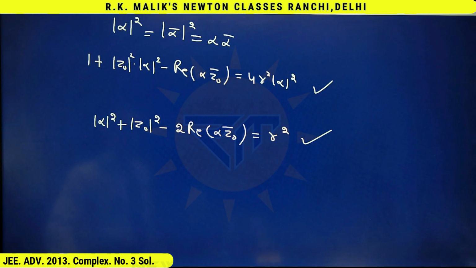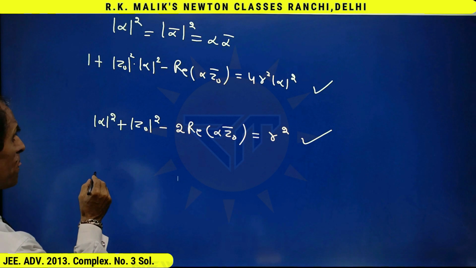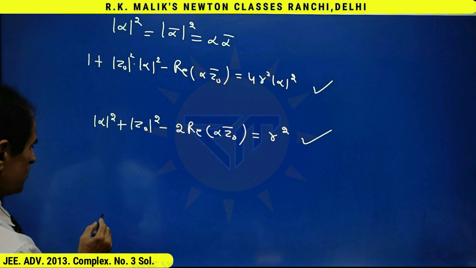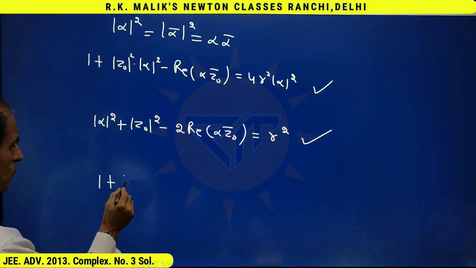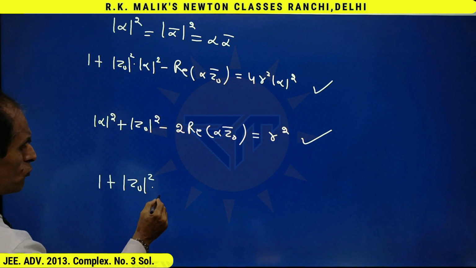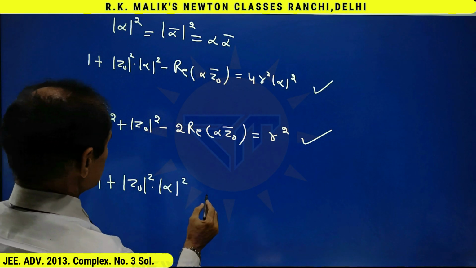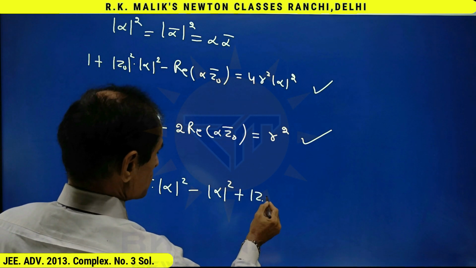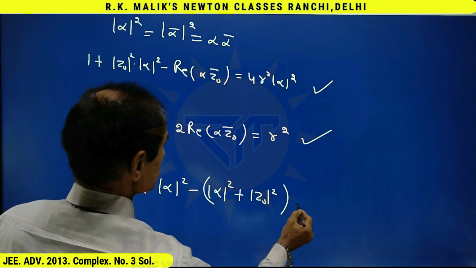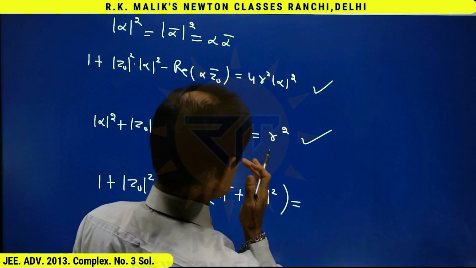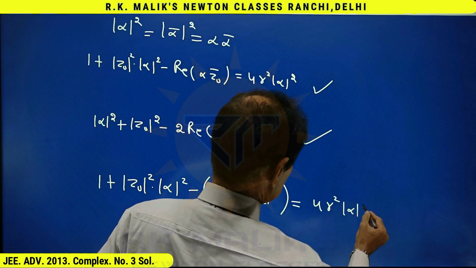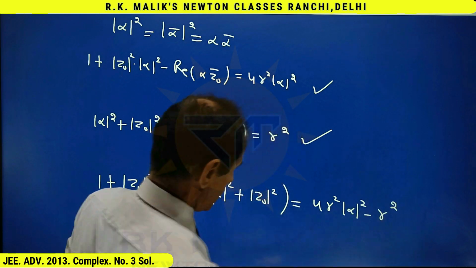From these two relations I can see very easily, if I subtract the two equations, I will get 1 plus mod z0 square into mod alpha square minus mod alpha square plus mod z0 square equal to 4 r square into mod alpha square minus r square.